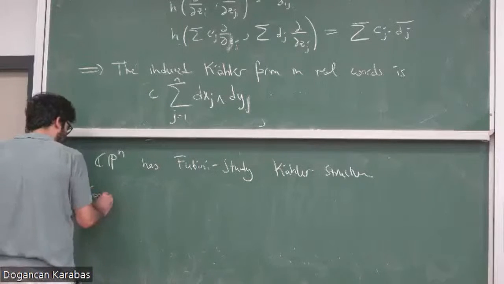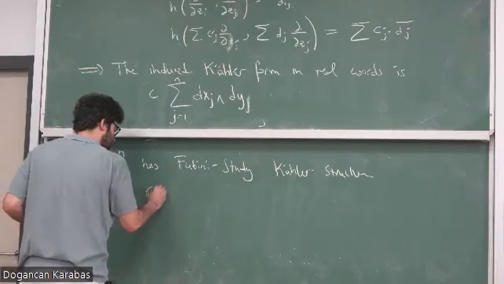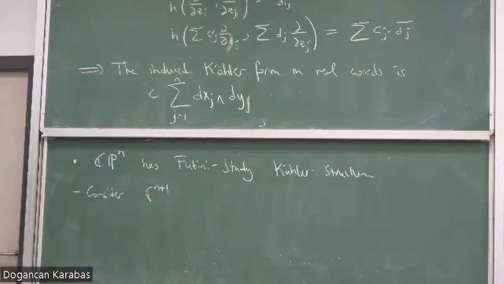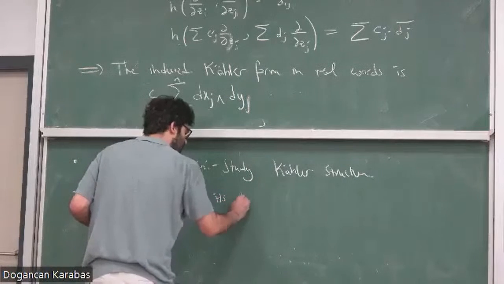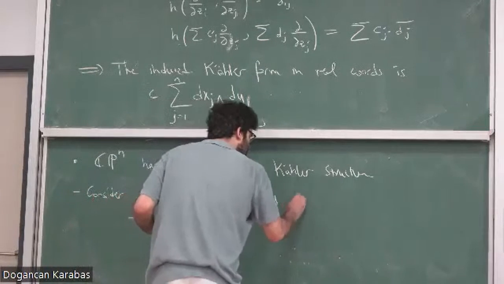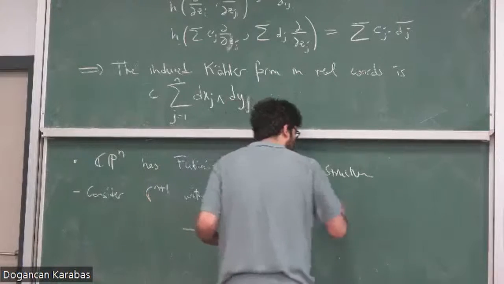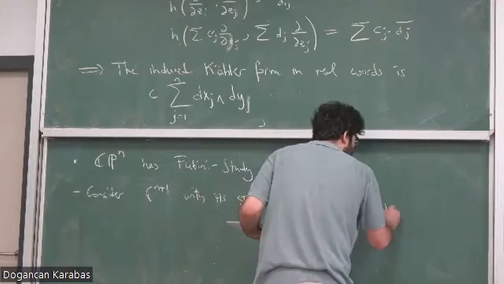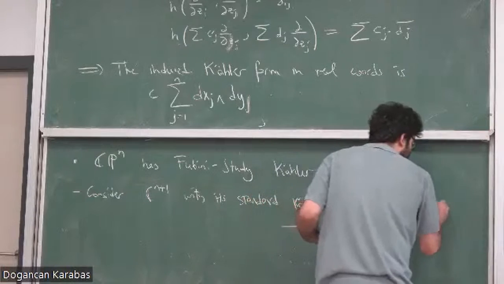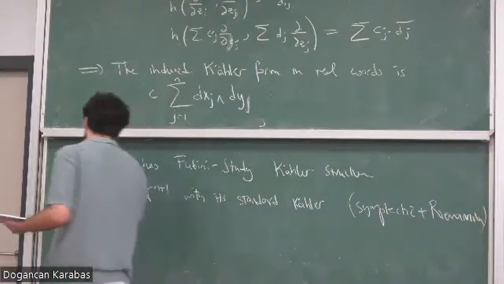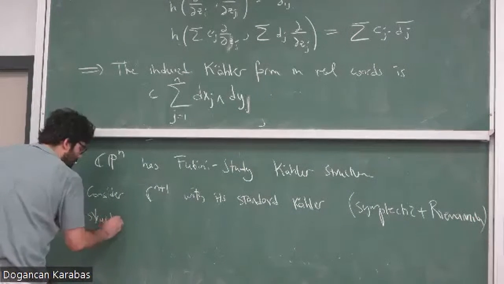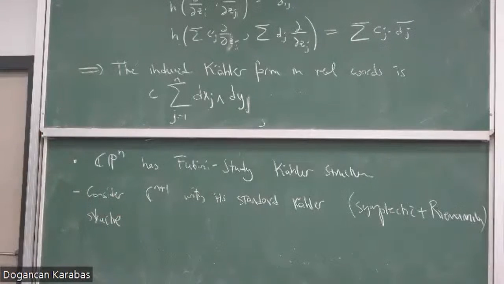So consider Cn plus 1 with its standard Kähler structure, symplectic plus Riemannian structure. Cn plus 1 is R2n plus 2, and there is the flat dot product metric there.